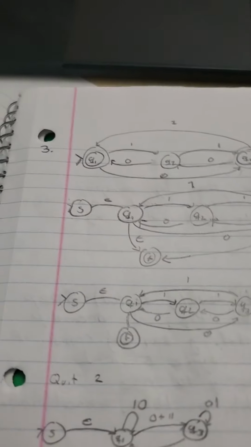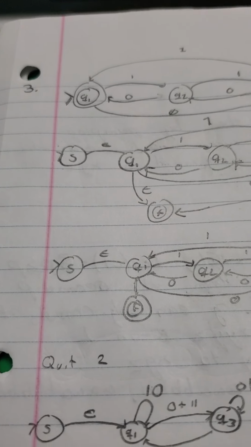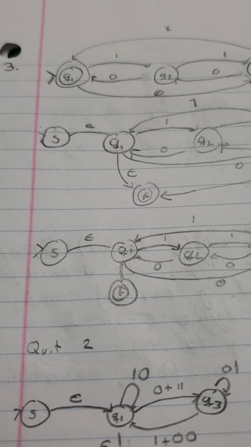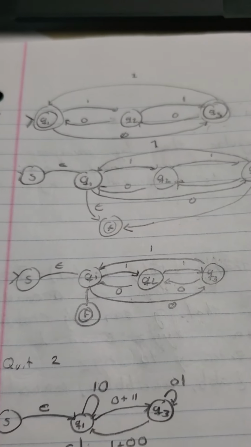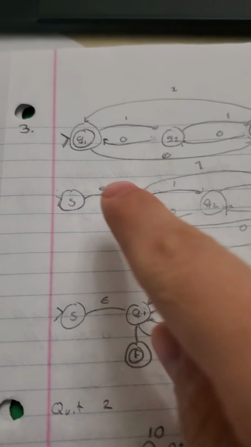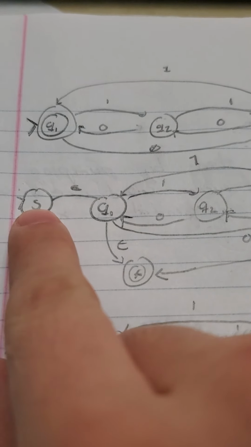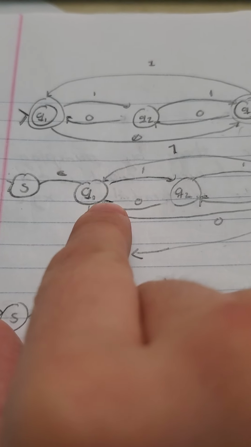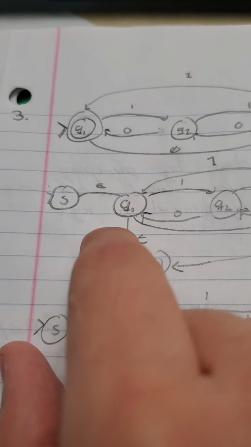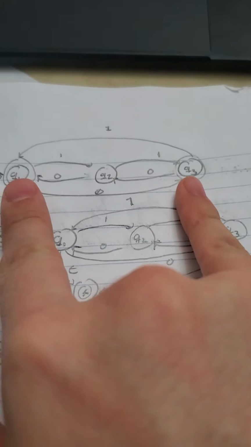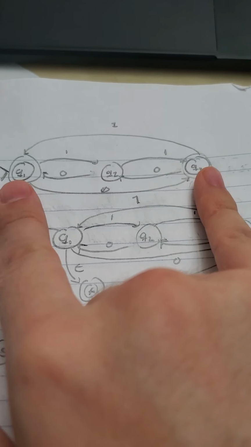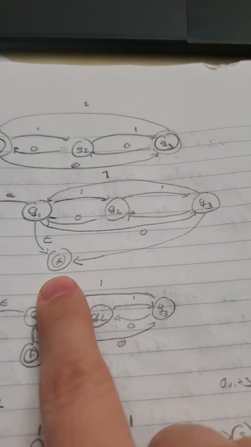So to do a regular expression, what you have to do is create a new start state, which will be connected to your old start state, and finally turn your two accept states into one final state.